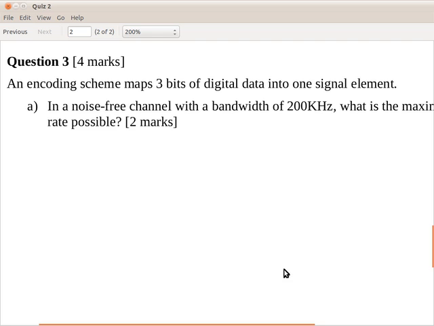So you need to be able to identify what equation to use in that case.